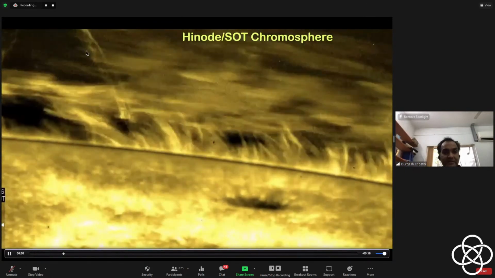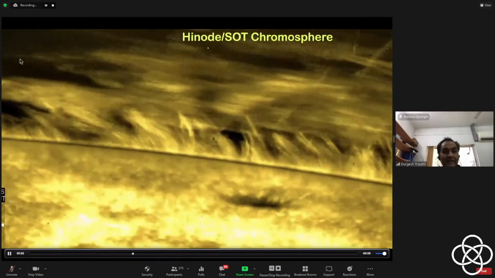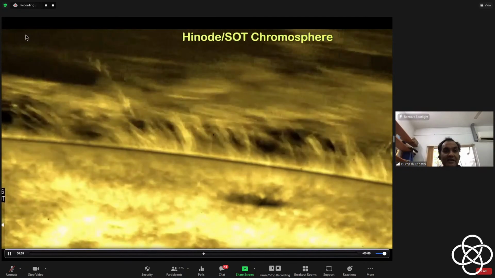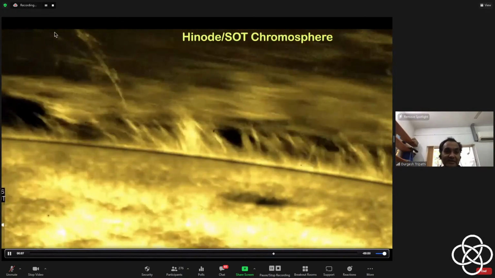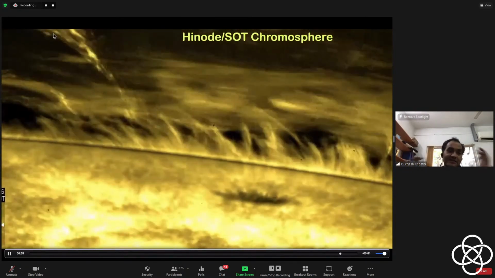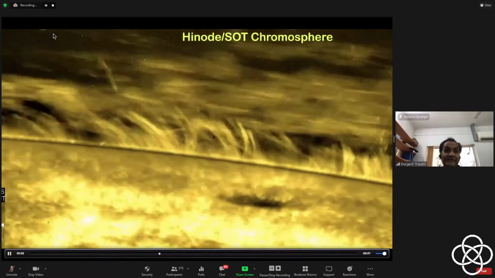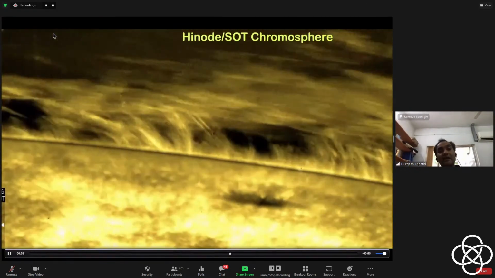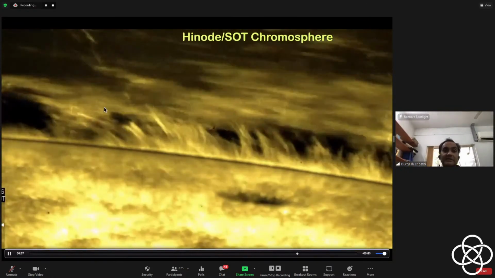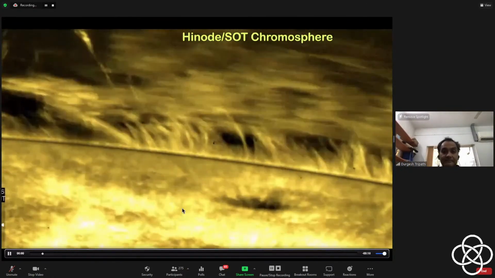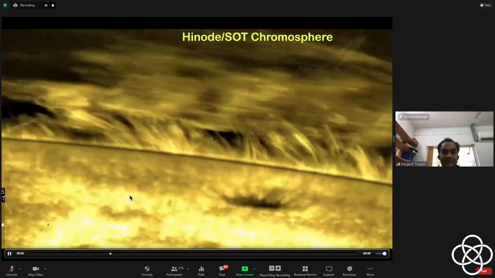Not everything is supported, and that is because you have a cooling catastrophe. If the density becomes very high, it gets into the cooling phase, and then it cools and drains along the field lines onto the surface of the sun. It is called coronal rain, if you like.